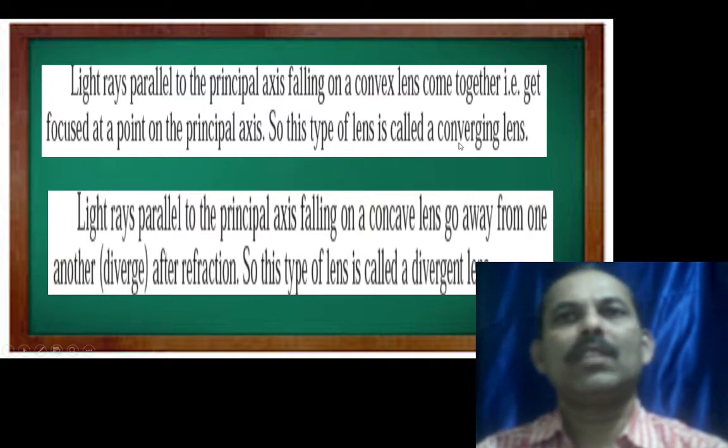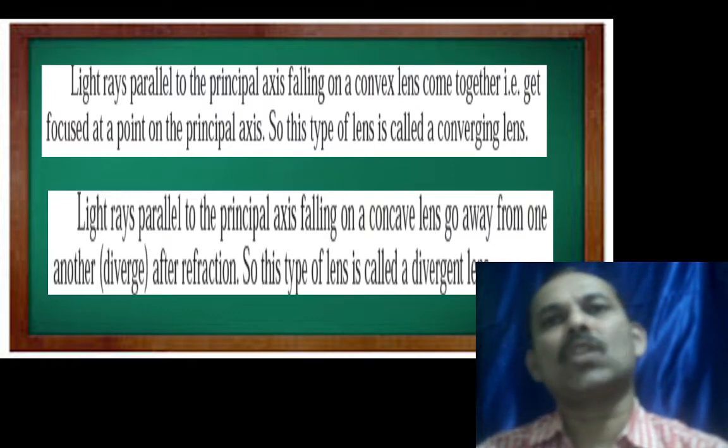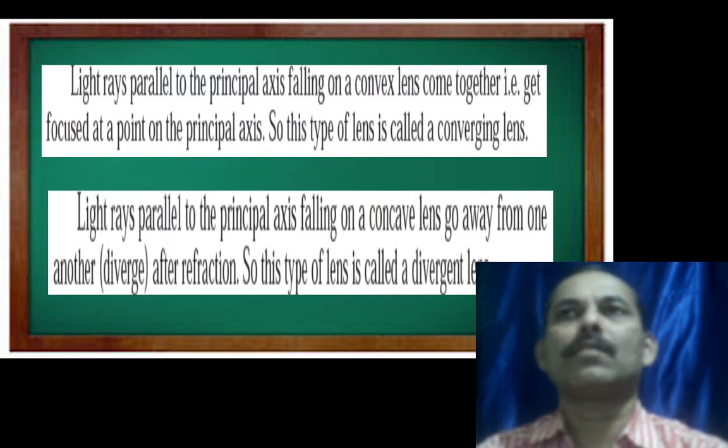A converging lens collects all the rays together. And light rays parallel to the principal axis falling on a concave lens go away from one another, meaning those rays diverge after refraction.